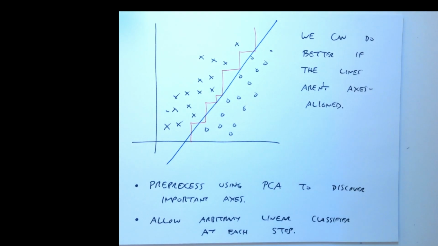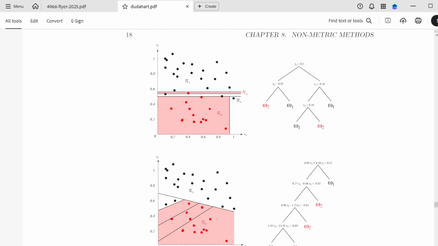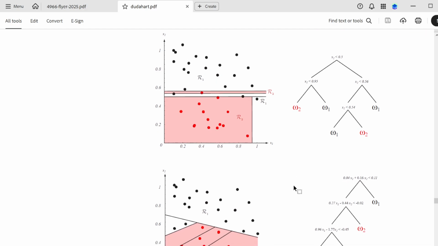And so, for example, let me just show something here. Here's an example that shows that if I were forced to classify this data using axis-aligned decisions, then the top figure is kind of what I would get, right?